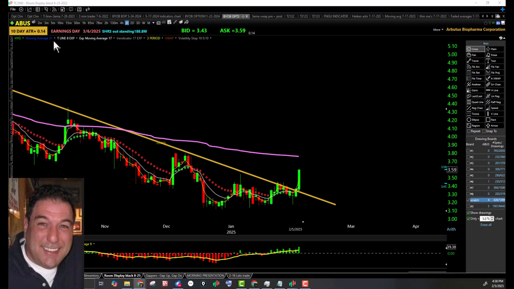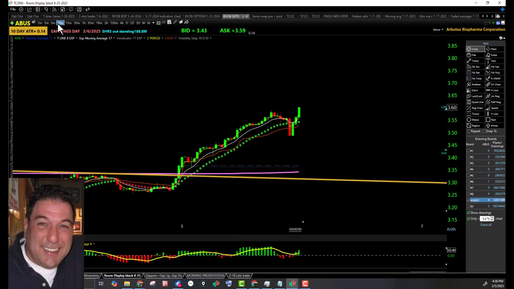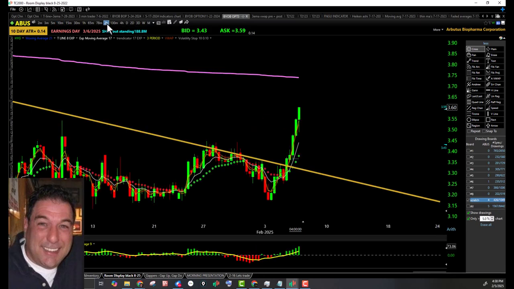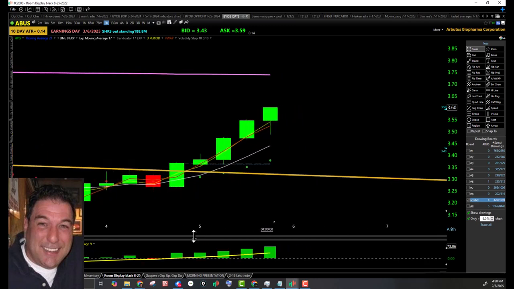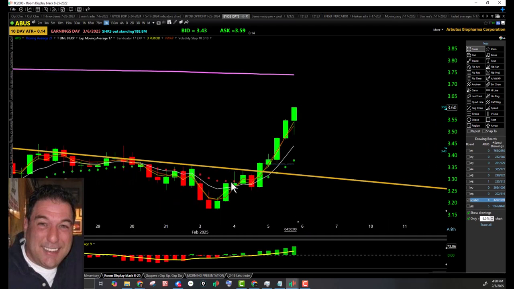On a 10-minute chart, if you wanted to play the 10-minute chart, the only reason I'd play it is because the 2-hour better be in an uptrend. The 2-hour enters uptrend right here, and then you get a breakout over it. Could I have played that? Yes, I could have played that right there.